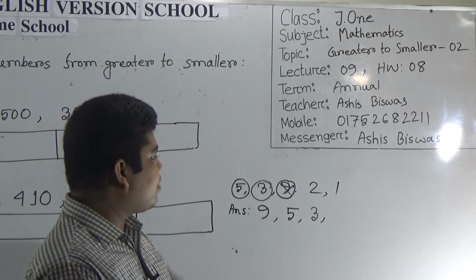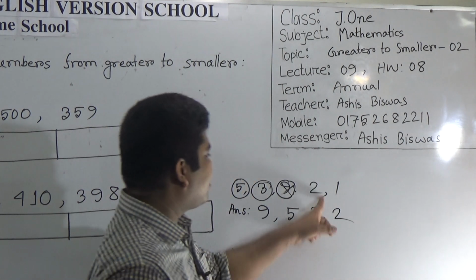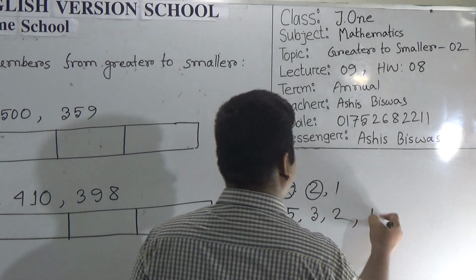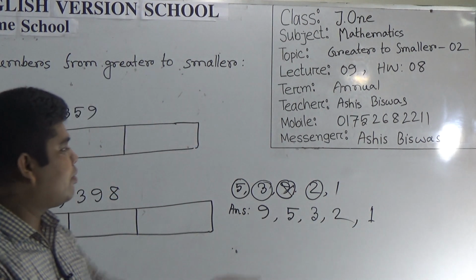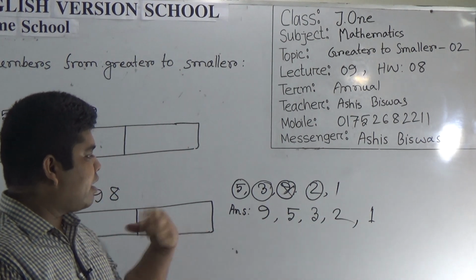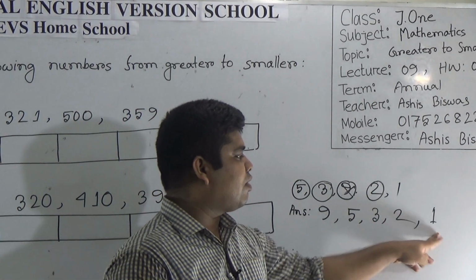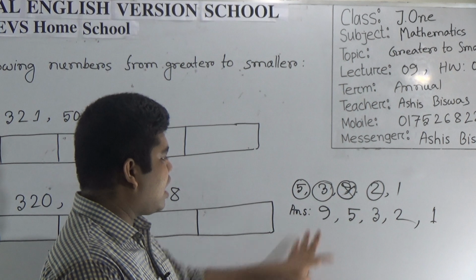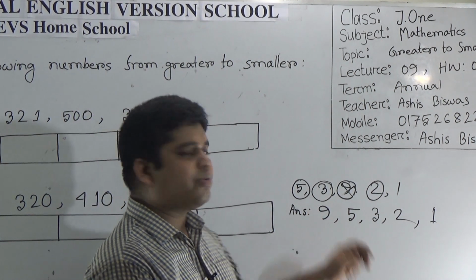Which is greatest? 2. Then left 1. After that we write 1. Here 1 is the smallest number of the whole. So the numbers from greater to smaller are 9, 5, 3, 2, 1. I hope you have understood how to write numbers from greater to smaller.